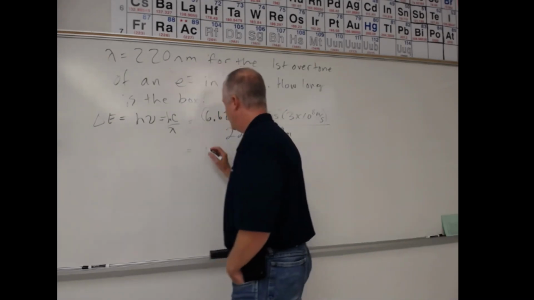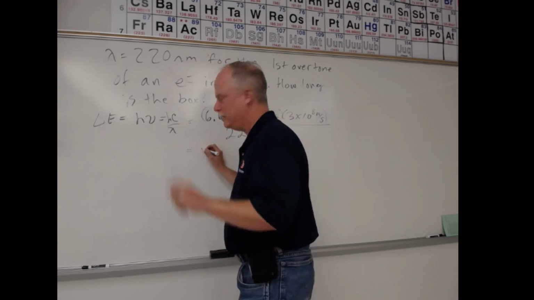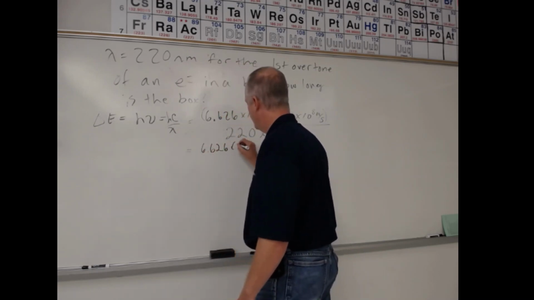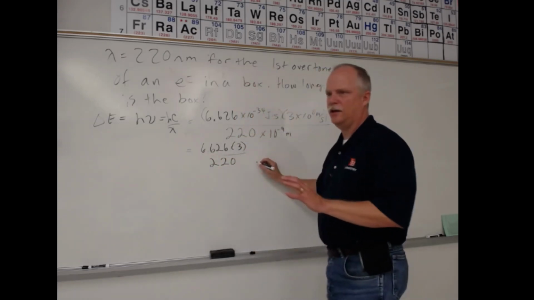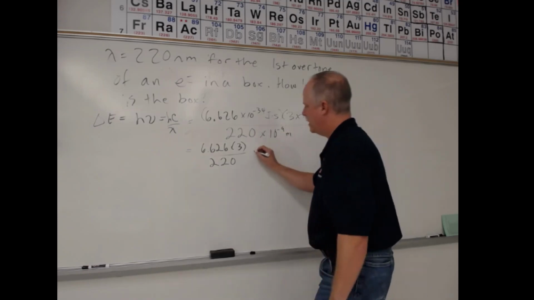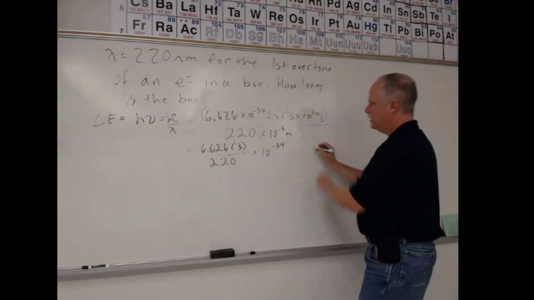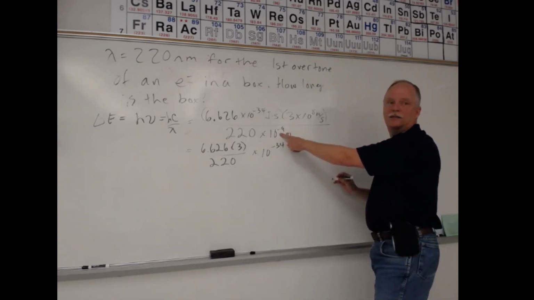All right. So the way I do this problem, now it's the practical tip. 6.626 times 3 divided by 220. It's like, wait a minute, what's going on here? And then I have times 10 to the minus 34 plus 8 minus a minus 9.